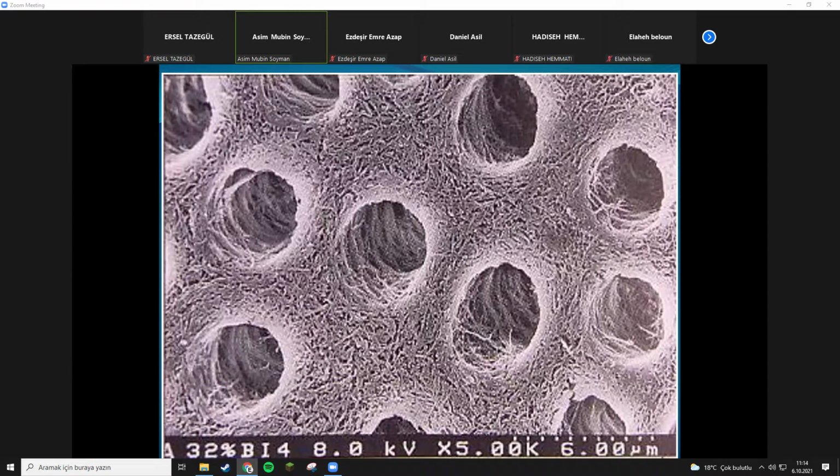And then when you would like to perform a composite restoration, you first apply phosphoric acid on the surface of dentine. And as you see in here, this acid opens or makes these dentinal tubuli diameters a little bit larger.